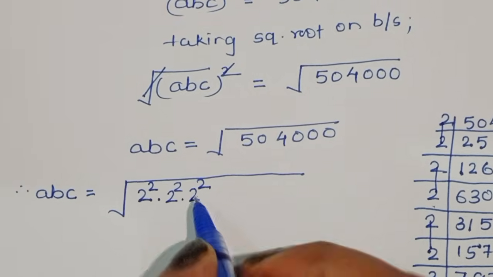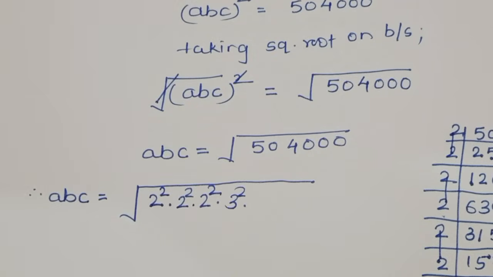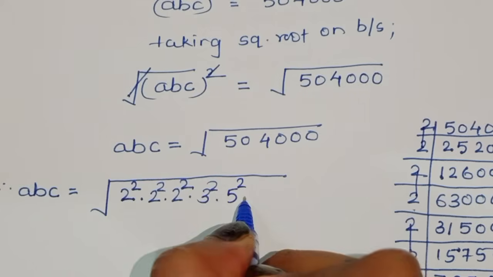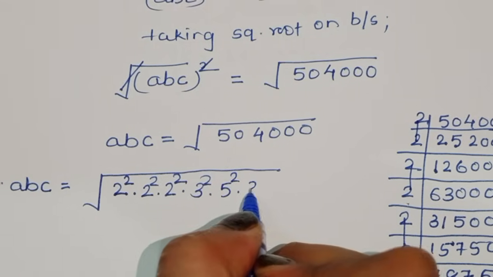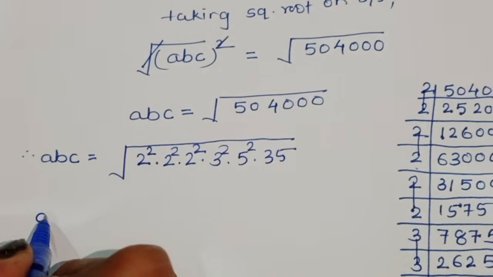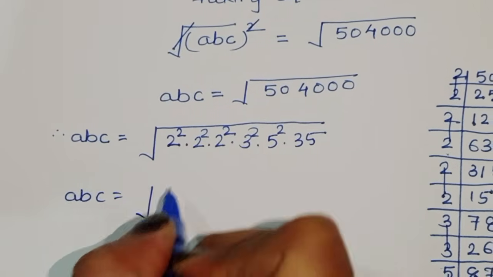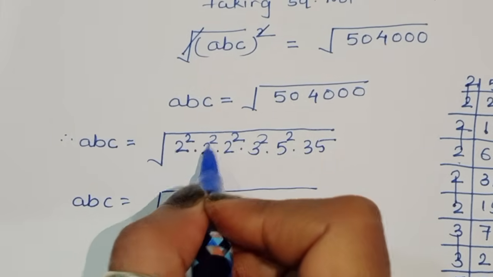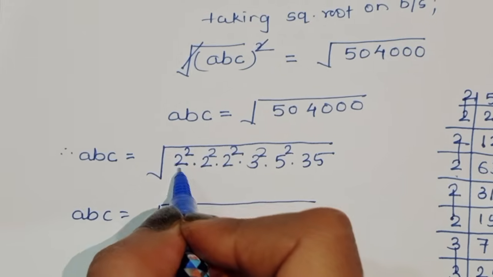Three pairs of 2, times 3 square times 5 square times 35. The last one is 35. Now we can add these powers. So ABC is equal to the square root of 2 power 2, 2 power 2, 2 power 2. The base is the same.